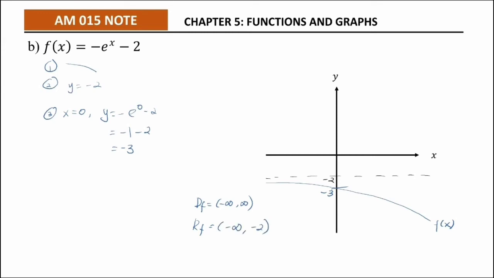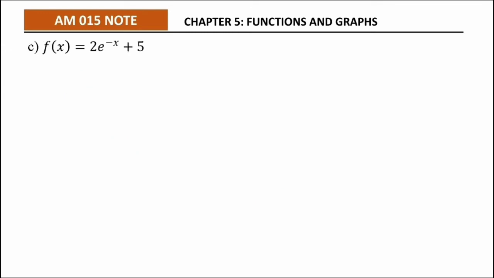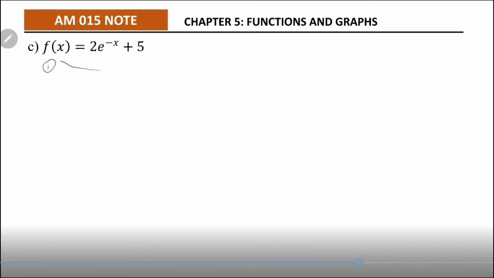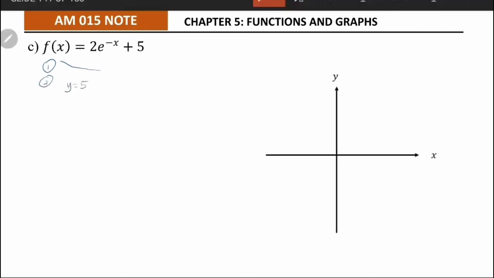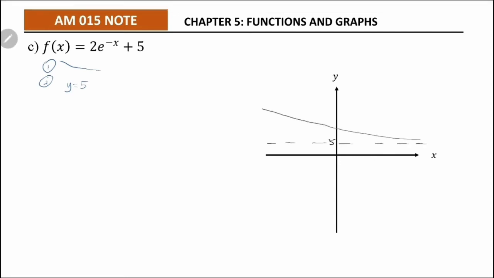Since f(x) cannot cross the asymptote. Next, f(x) = 2e^(-x) + 5. The shape is positive e with negative x, so it goes from the right, above, towards negative x. The asymptote is the constant, y = 5. Sketch the graph at y = 5, from positive x towards negative x, going up.